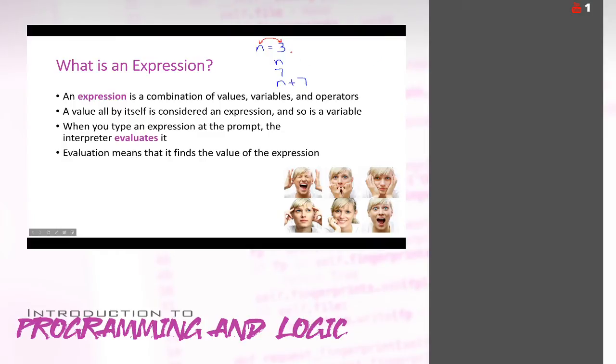So of course, when our interpreter goes to evaluate this expression of n, it's going to see this symbolic relationship, and it's going to evaluate that n as a 3.